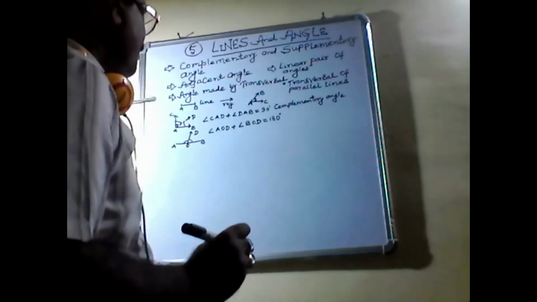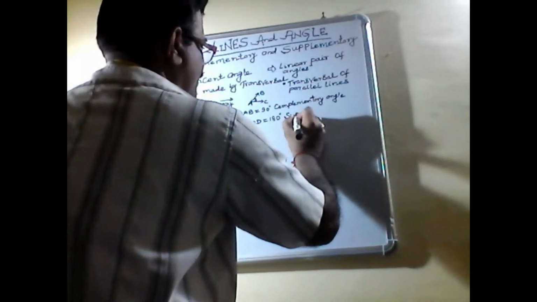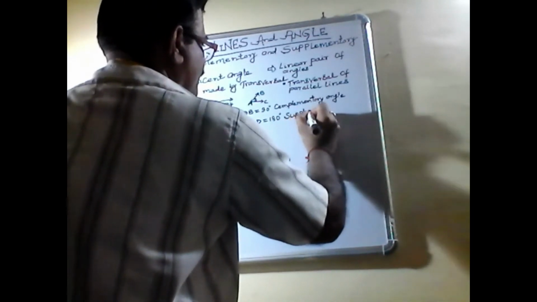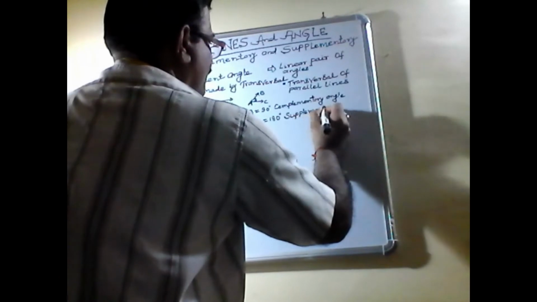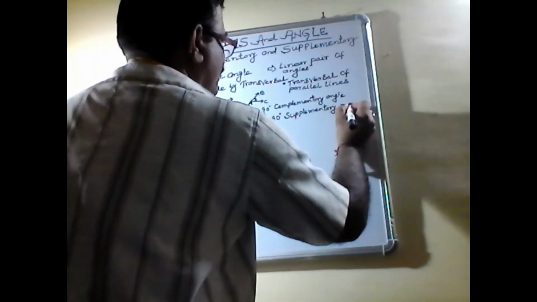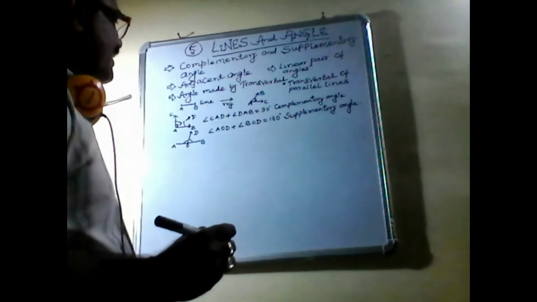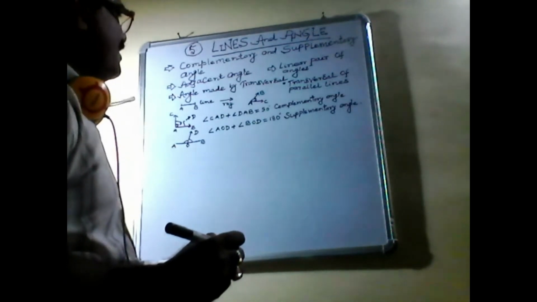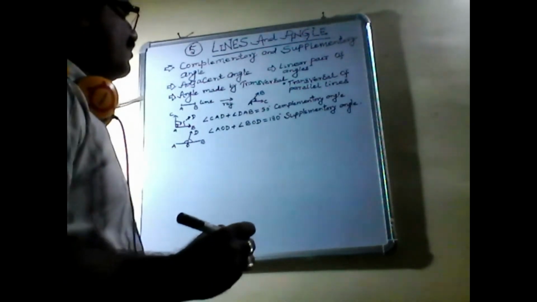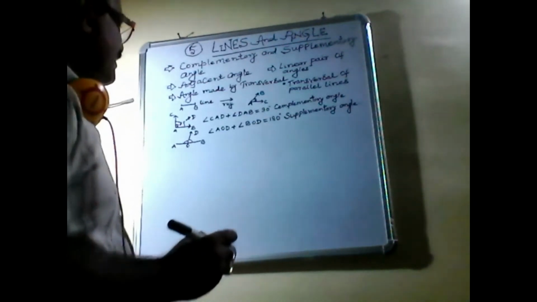Such angles are called supplementary angles. We can say that if the sum of two adjacent angles is 180 degrees or two right angles, it is called supplementary, and these two angles are called the linear pair of angles.